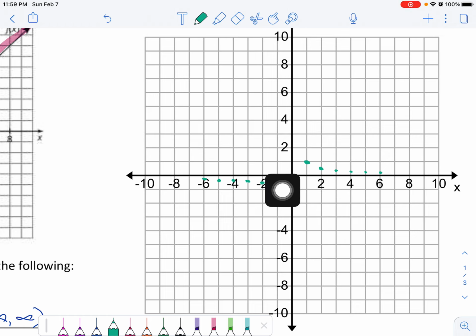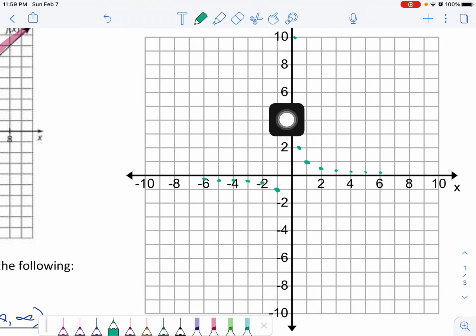when we had positive 1/2 for the x value, that reciprocal was +2. So let me go ahead and mark +2. And then when we had 1/10, which is really close to the y-axis here, we were up at +10.